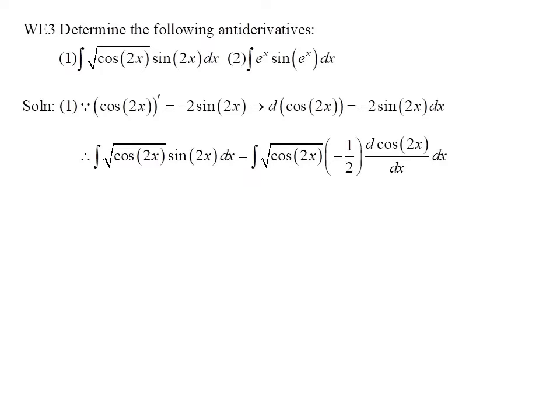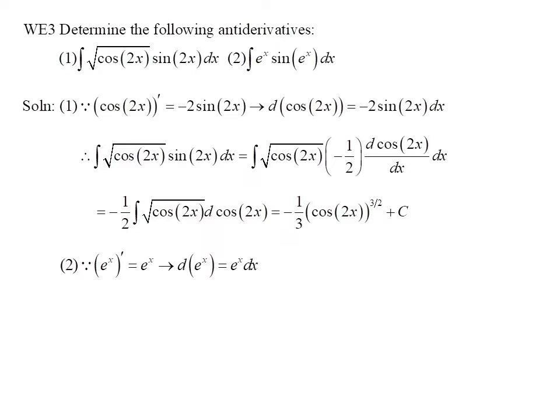Hence, the antiderivative can be written as the integral of square root of cosine 2x times negative 1/2 times d cosine 2x by dx, which equals negative 1/2 times the integral of square root of cosine 2x d cosine 2x, which is negative 1/3 times the cube of the square root of cosine 2x plus c.